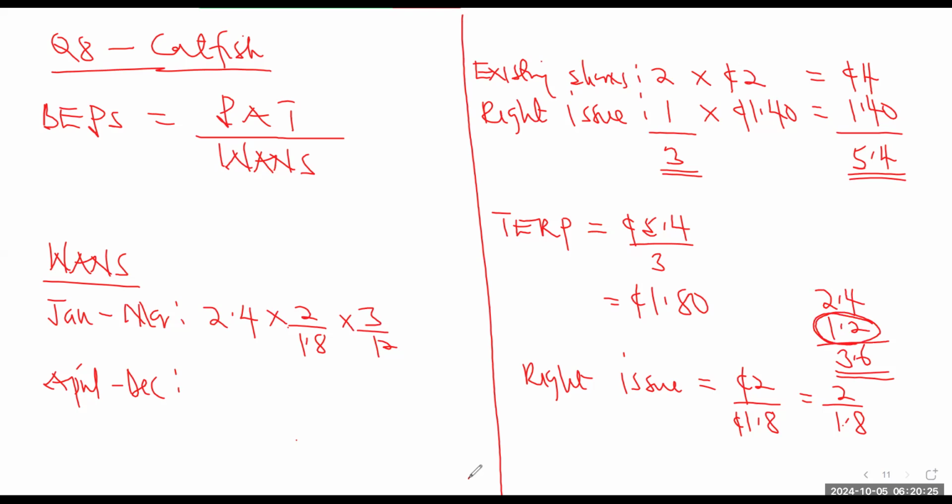So the total will now give us 3.6 million shares, multiplied by 9 over 12. The bonus issue will not be on these ones. The bonus issue will be on the shares that were in existence before the rights issue. What are we having as our final answer here?